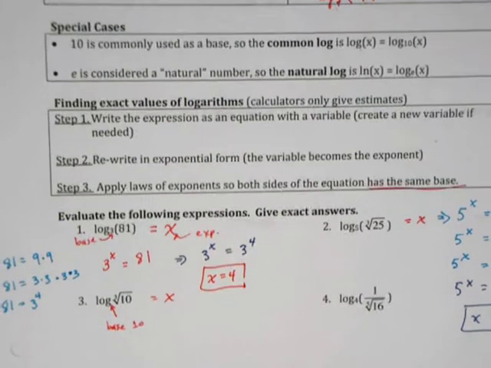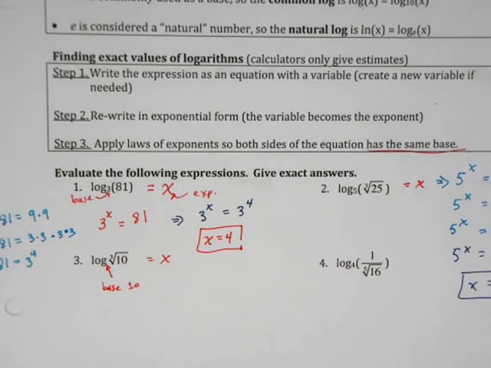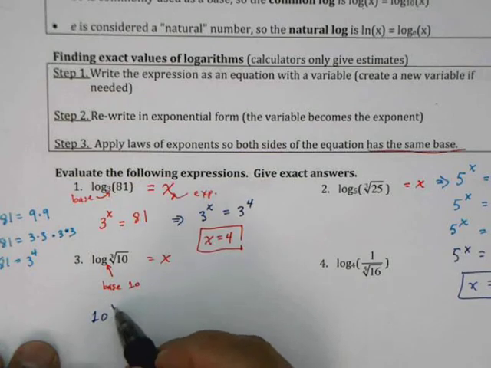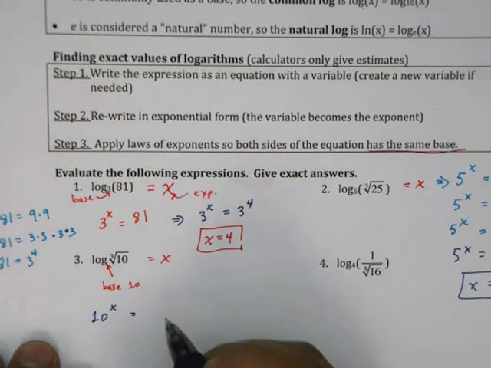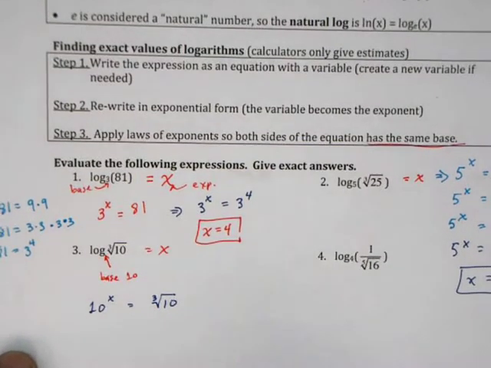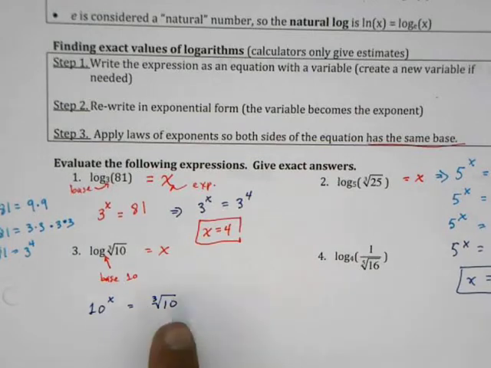We'll rewrite it in exponential form. So we can say that 10 to the x is equal to the cube root of 10. Now, what I can do, again, is just rewrite this expression on the right side using exponents.